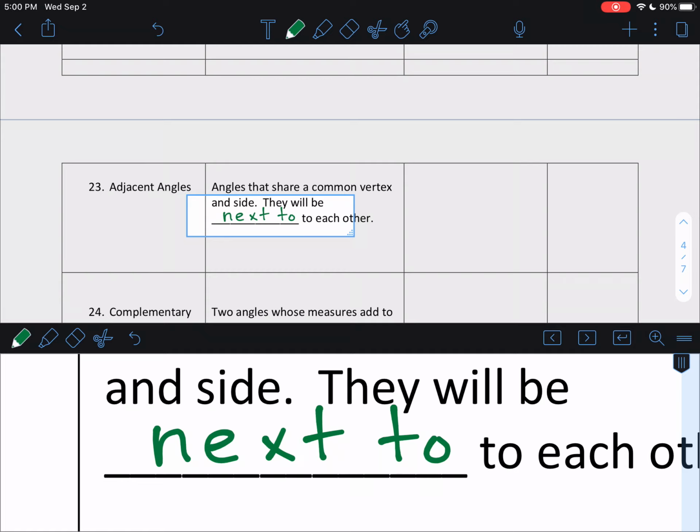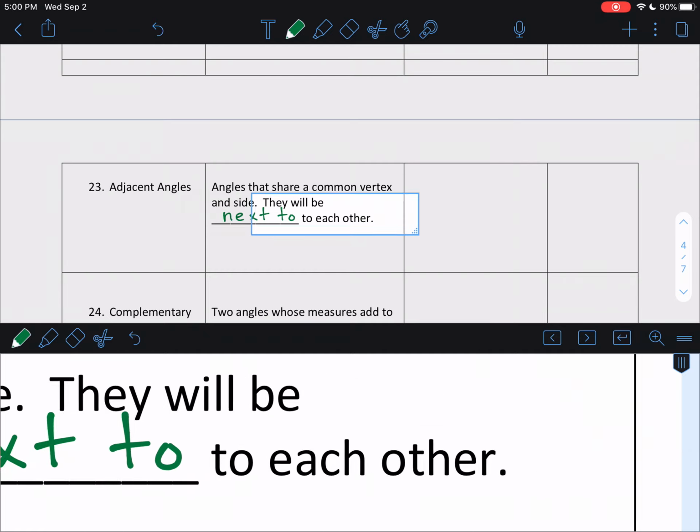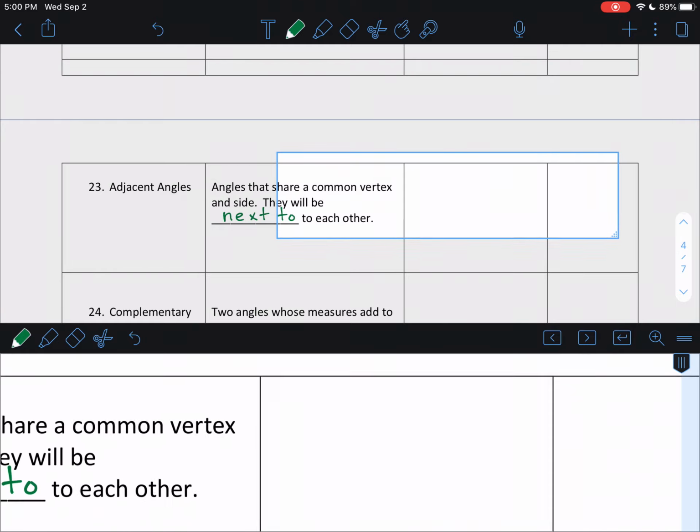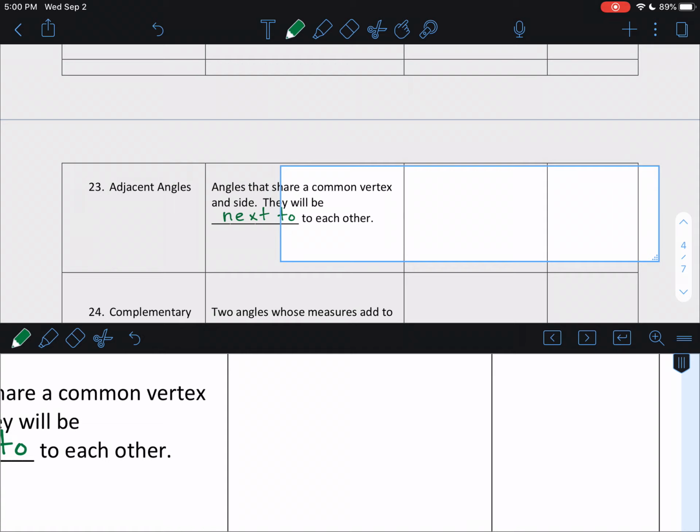They will be next to each other. So what that looks like is something like this. Ooh, wait, that just straightened out. That was cool. I didn't know it could do that.